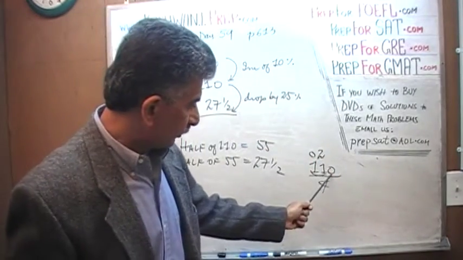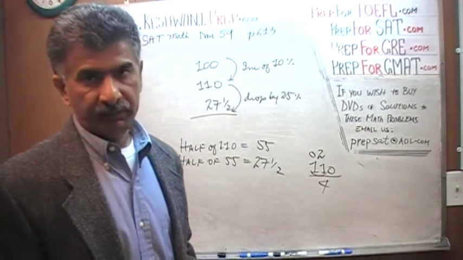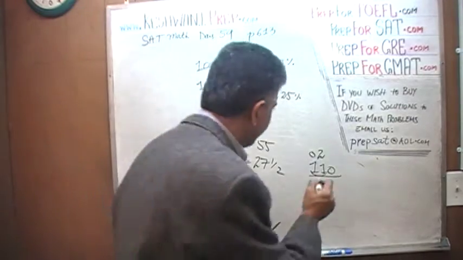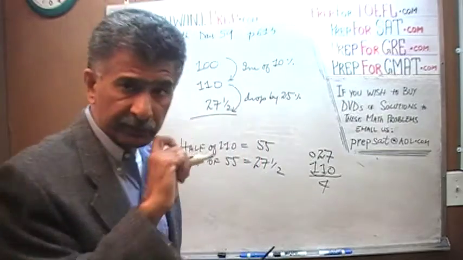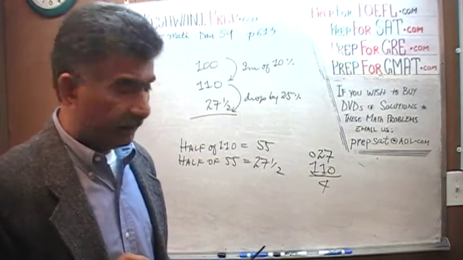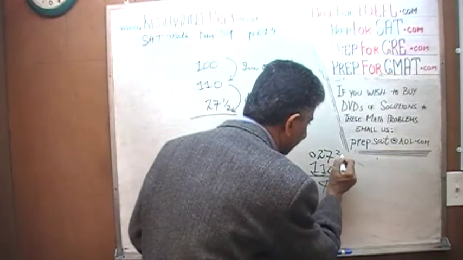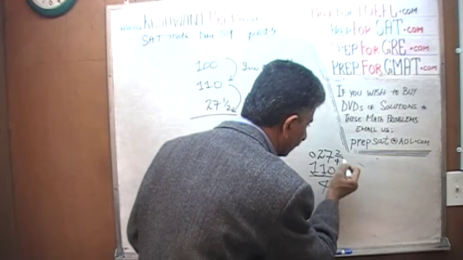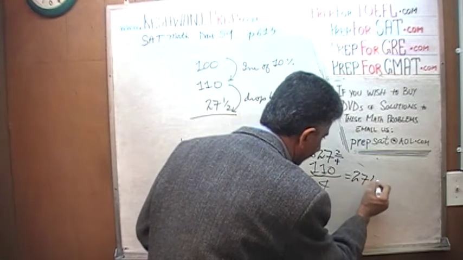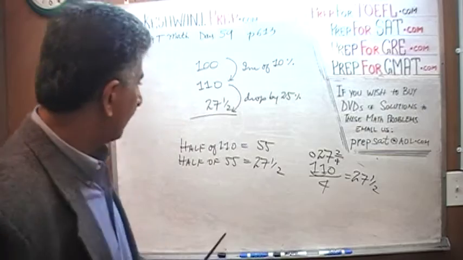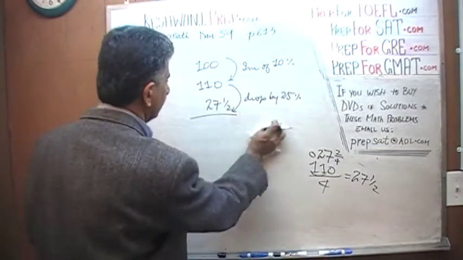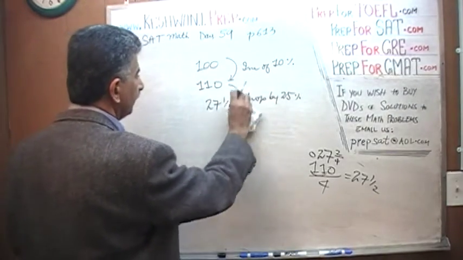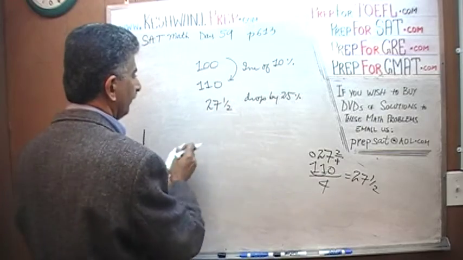The remaining 3 goes and joins this guy, becomes 30. How many 4s in 30? 30 has 7 4s. 7 4s are 28. The remaining 2 is your remainder. 2 divided by 4 is the same as .5, so it's 27.5. So we need to drop this thing by 27.5.